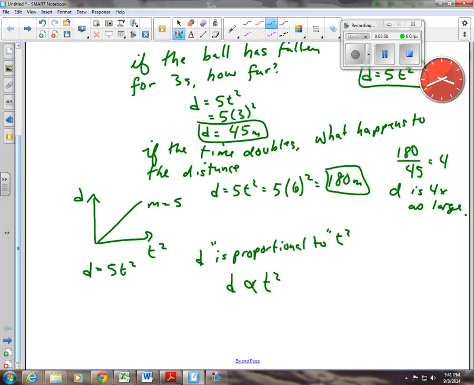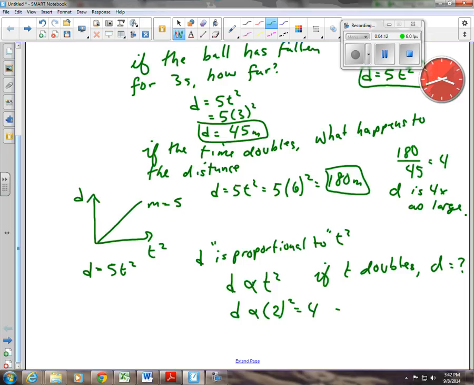The reason this is kind of neat is when I say if t doubles, d does what? You can just do this. Plug in the 2 for t. So d is proportional to 2 squared equals 4.